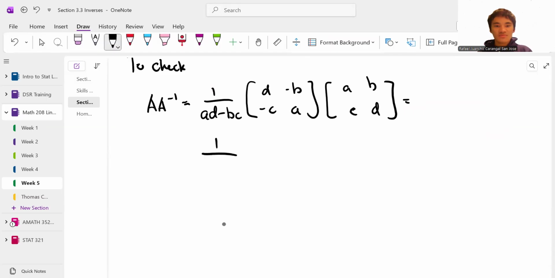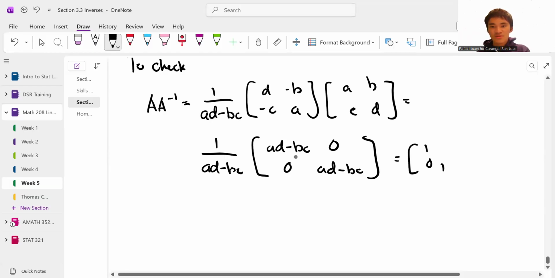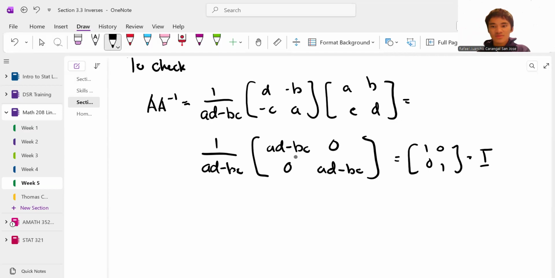This gives 1 over AD minus BC times a matrix with AD minus BC here, 0, 0 here, and AD minus BC again. Multiplying by the scalar, it's going to be 1, 1, 0, 0, which is I sub 2, the identity. So it must be that this formula is correct.